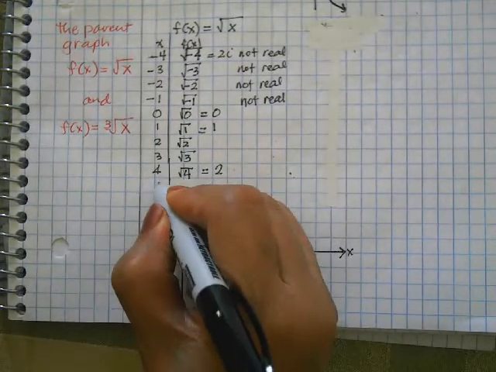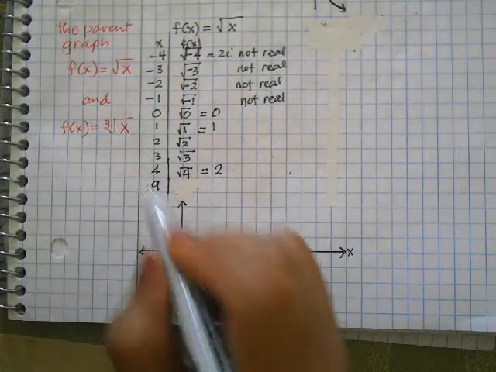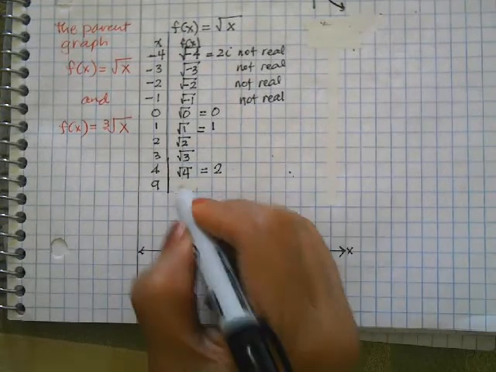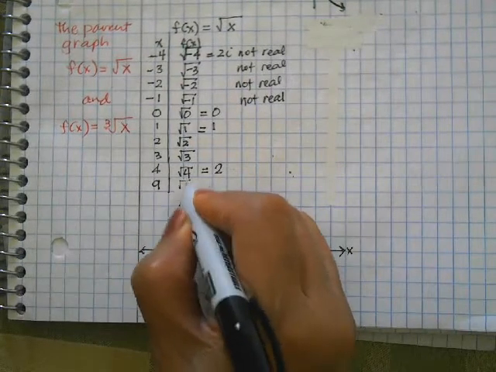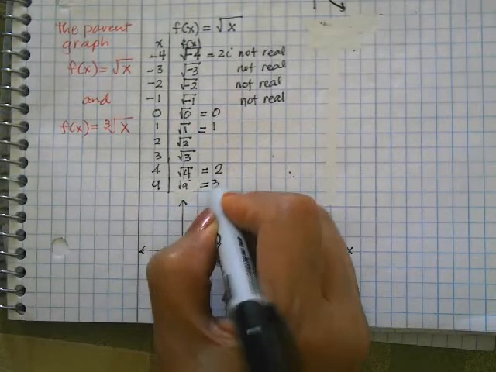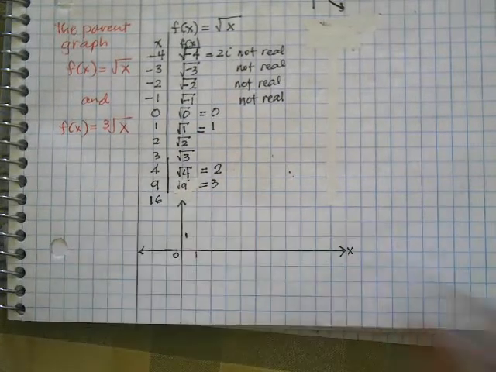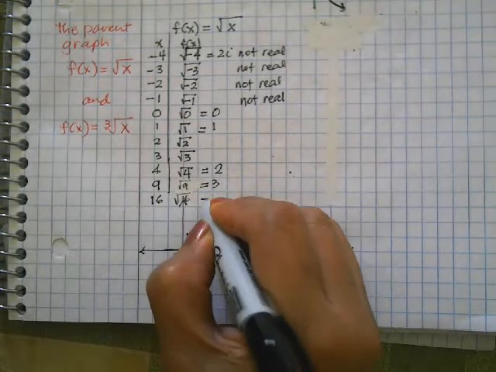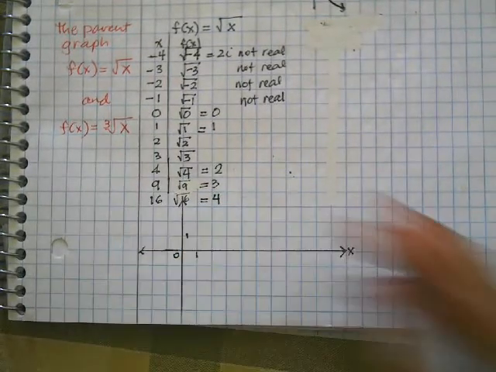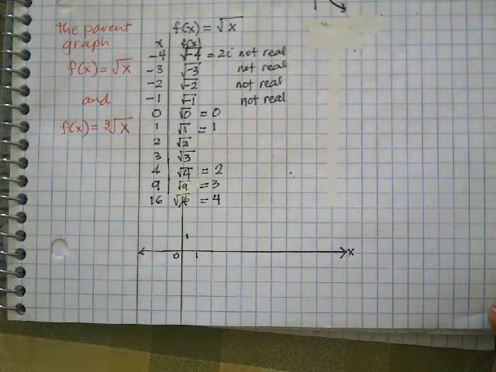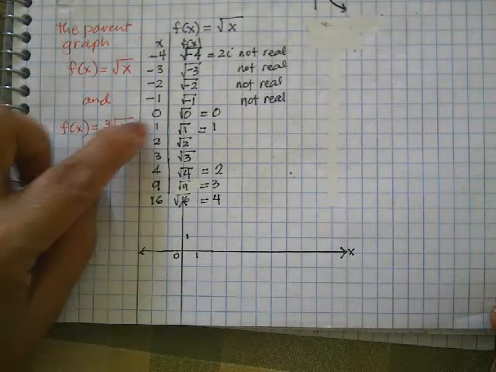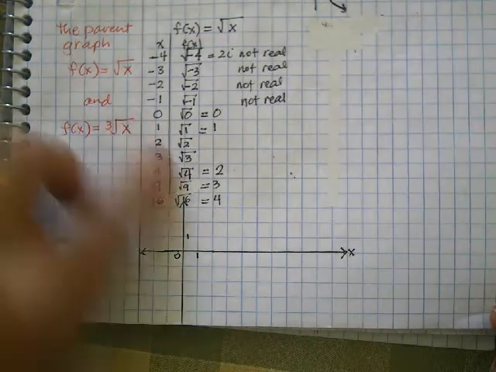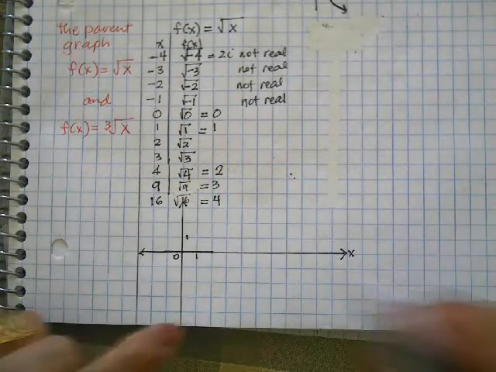Let's say 9. We could give 5, 6, but those will be decimals. So square root of 9 is 3. Or 16, our next perfect square. Square root of 16 will be 4. But 16 is already all the way there. So let's graph only the whole numbers.